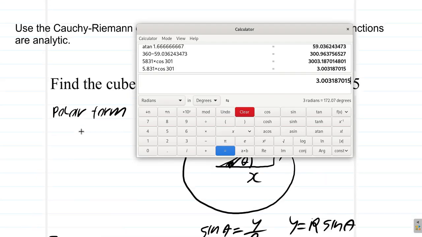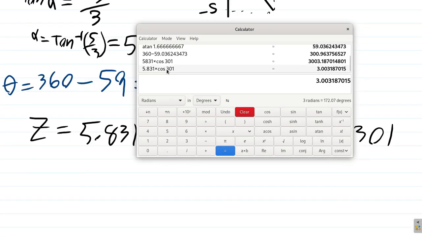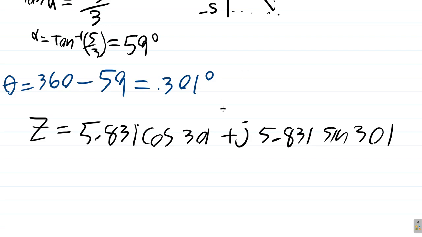You get 3. And then you should get -5 if you say 5.831 times sine. You get -4.998, the same as -5. Alright. So that's the complex number there.